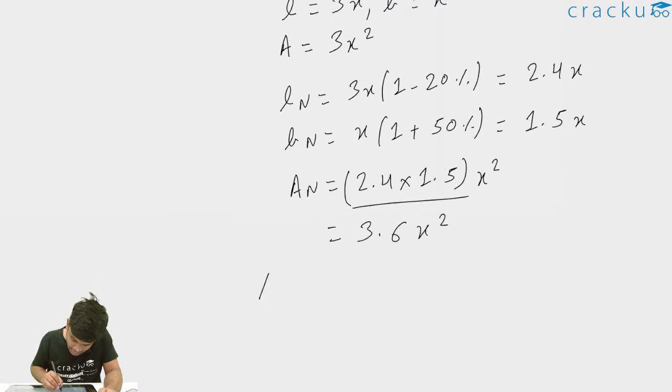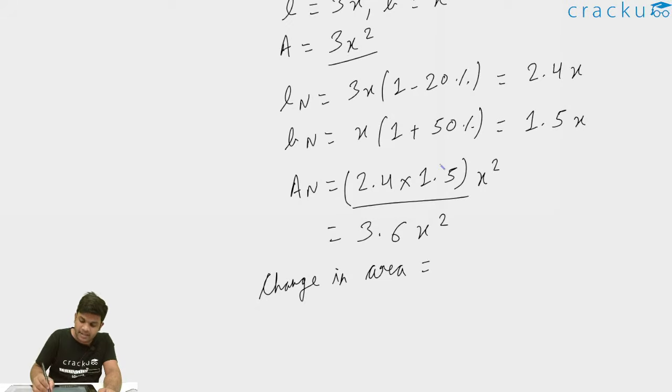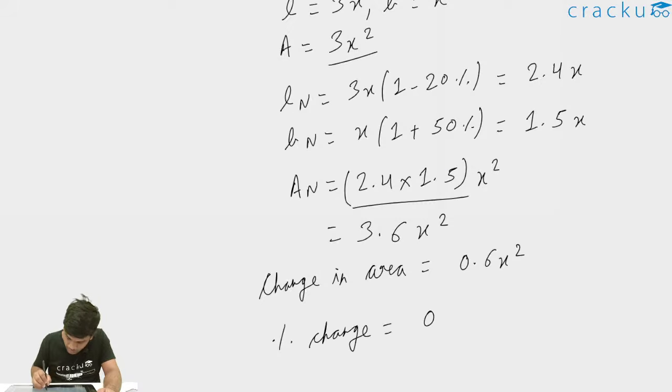So change in area will be 3.6x square minus 3x square, which is equal to 0.6x square. So percentage change will be 0.6 divided by 3 into 100.